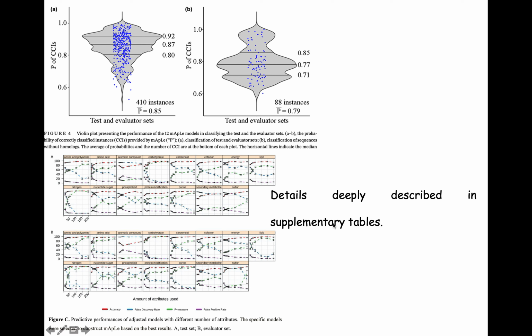In supplementary figure C, you can see details of lots of different statistical parameters that we used to evaluate the performance of mApLe. I advise you to go to the supplementary materials, mainly the supplementary tables, where we present lots of details of our evaluation. That makes our paper reliable, describing a reliable tool.